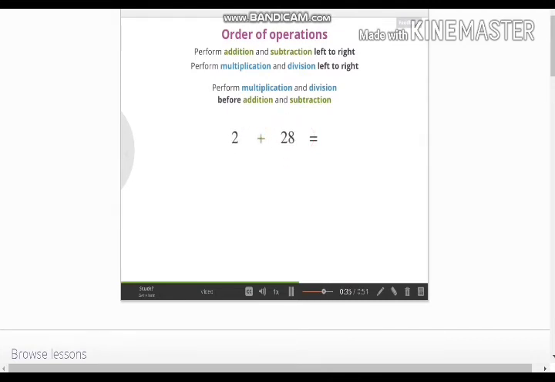Great! So now we're done with all the multiplying and dividing, and we can look at the adding and subtracting. 2 plus 28 equals 30. So it turns out that this expression here equals 30.